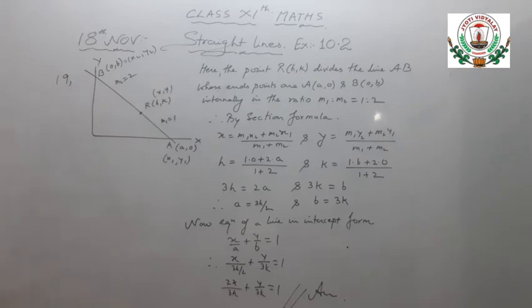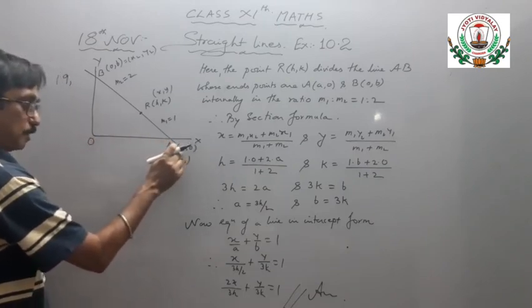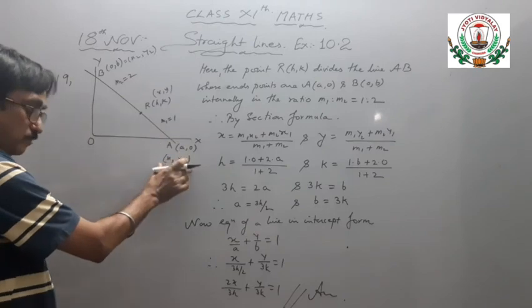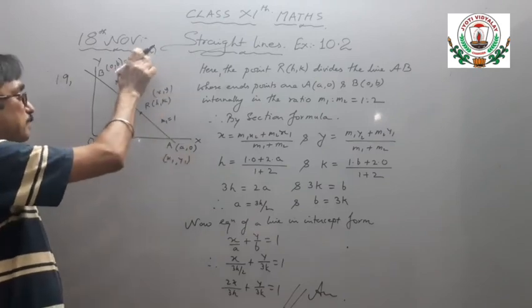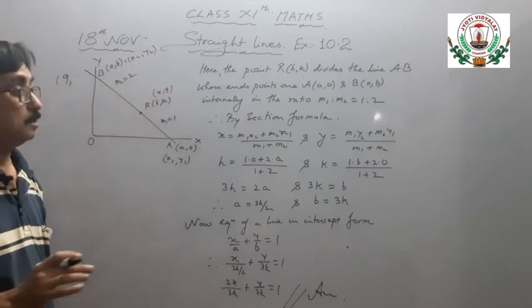Similarly, the point which is lying on the x-axis has y coordinate 0, so the coordinates of A will be (a, 0). And the point which is lying on the y-axis has abscissa 0, so the coordinates of B will be (0, b). So we know the values of x1, y1, x2, y2, as well as m1, m2, and x and y.